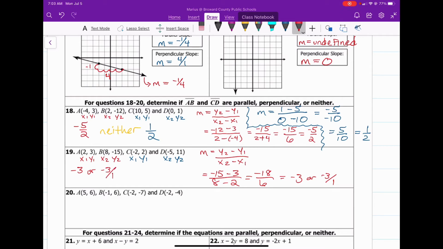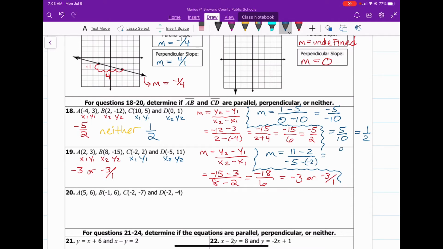All right, now let's do the blue ones. For the blue ones, draw a little squiggly line to keep everything separated. M equals 11 minus 2 divided by negative 5 minus negative 2.